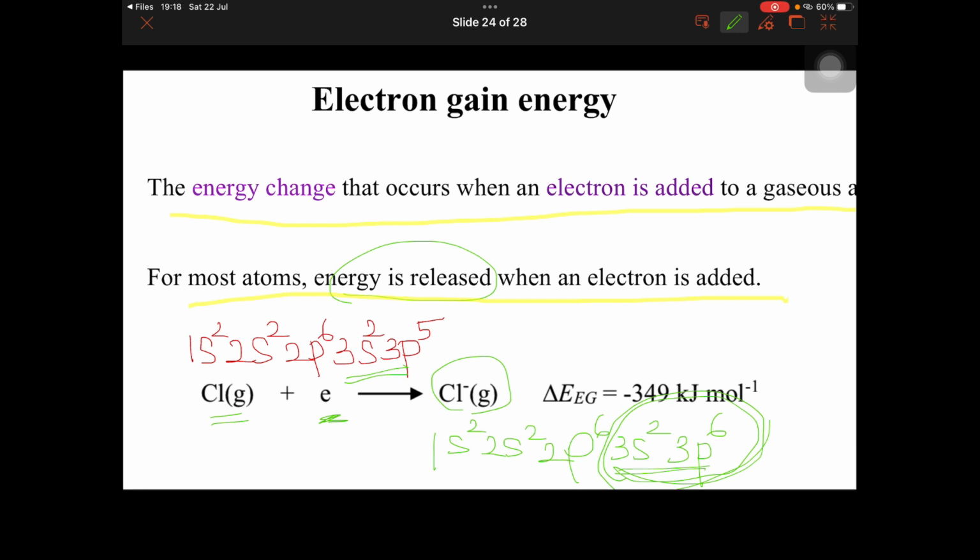Now you can think of this as similar to bond formation. Later on in the enthalpy lesson also you will learn about bond formation. So let's say there is some reaction taking place with A and B, two atoms.